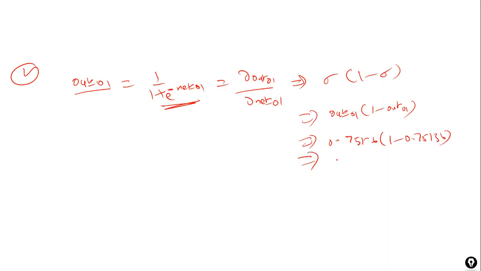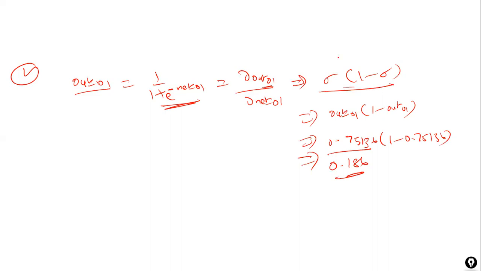Can someone help me out? 0.1864, correct? So out O1 into 1 minus out O1, where out O1 is the sigmoid activation function. If you take the partial derivative of this, this is the result.